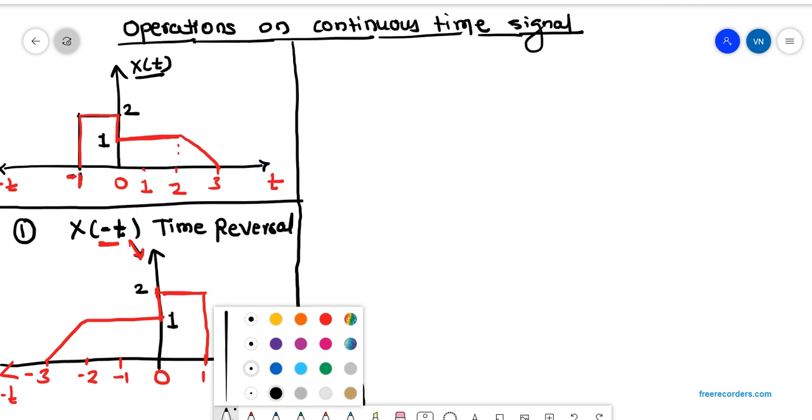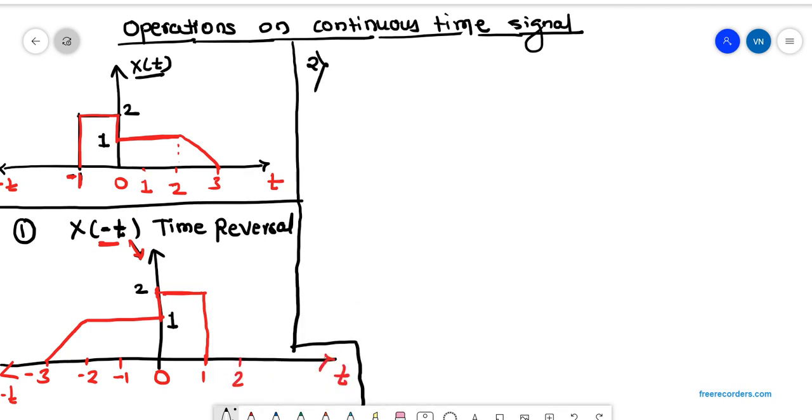The next example that I'm going to take is x of t minus 2. We already know that whenever we draw t minus 2 equal to 0, you have to shift that signal by plus 2.